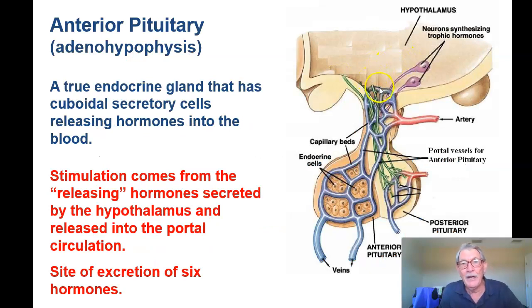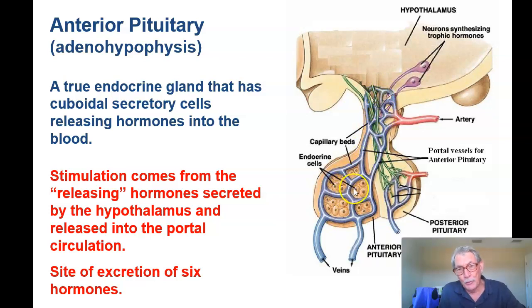So here we have the hypothalamus. It has its own blood supply that comes right down into the anterior pituitary. This is the hypophyseal portal system. Okay, it goes from here down into the hypophysis, the anterior pituitary here. So the hypothalamus, when it gets the right signals, will send down hormones into here.